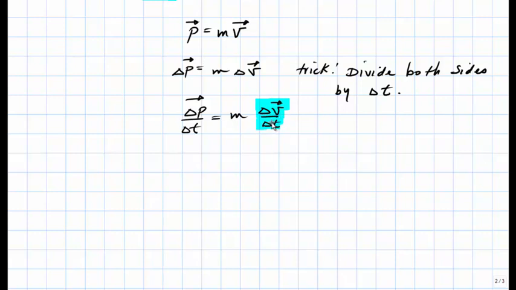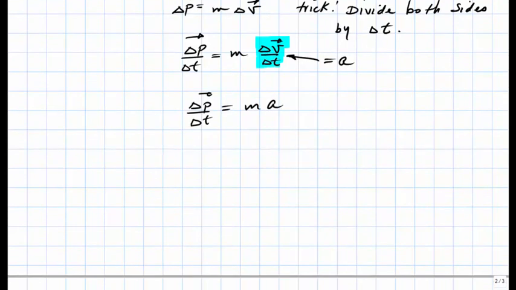Do you recall what that is? Well, of course, the change in velocity with respect to time is just acceleration. And so, the change in momentum with respect to time is just equal to mass times acceleration.